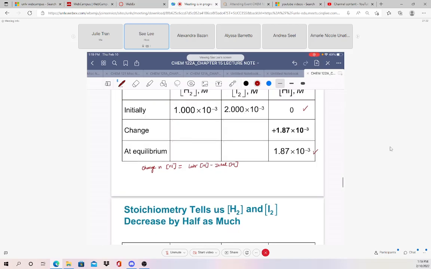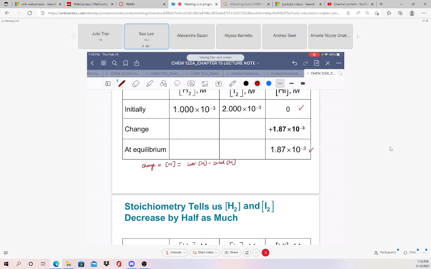Later concentration here refers to equilibrium concentration. Initially the system did not reach equilibrium, but as time goes by, the system eventually reached equilibrium. So when I say later concentration, I'm referring to the equilibrium concentration that the system reached later on.